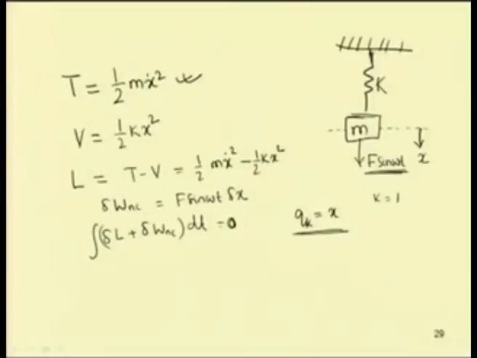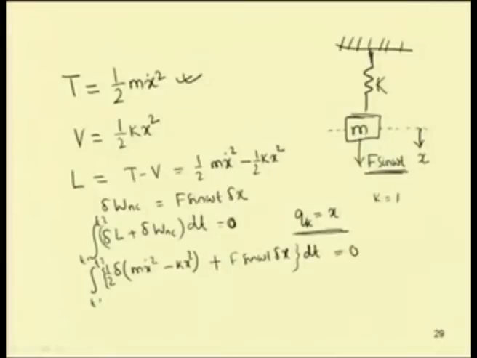To derive the equation of motion, I can substitute: integration T1 to T2 of half m x dot square minus k x square, which represents del L, using the del operator here, plus F sin omega t delta x, dt, equal to 0.